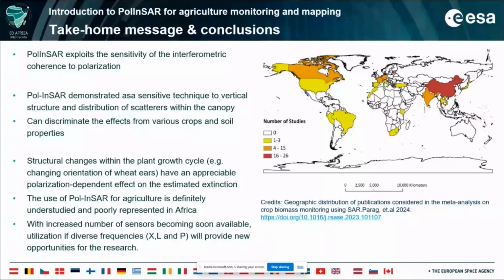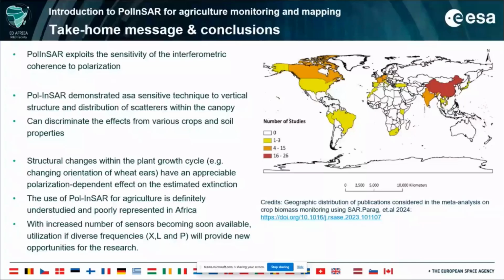To conclude, PolInSAR demonstrated to be a very sensitive technique to vertical structure and distribution of scatterers within the canopy, and it can discriminate the effects from various crops and soil properties as well.